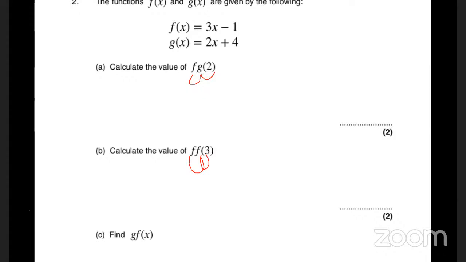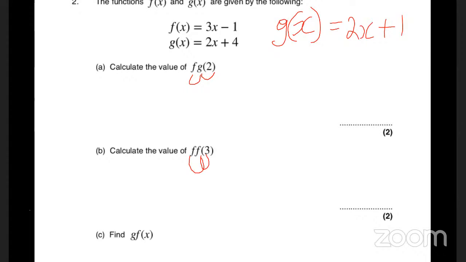So the first thing is that we're going to take 2 and give it to G. So since we're going to take 2 and give it to G, we're going to write down the function G of x. So G of x equals 2x plus 1. Good?